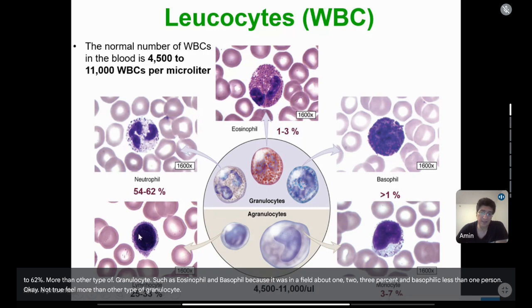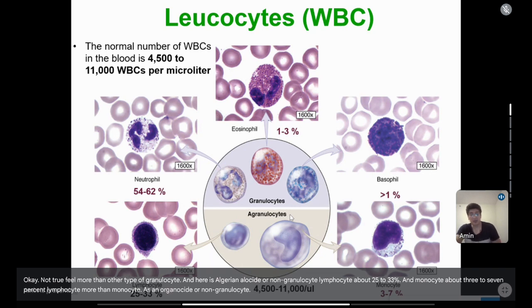And here is agranulocyte or non-granulocyte. Lymphocyte about 25 to 33%, and monocyte about 3 to 7%. Lymphocyte is more than monocyte as an agranulocyte or non-granulocyte.